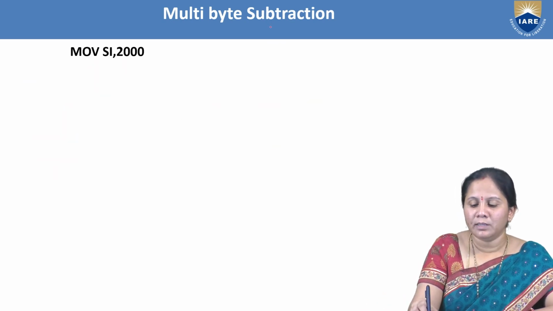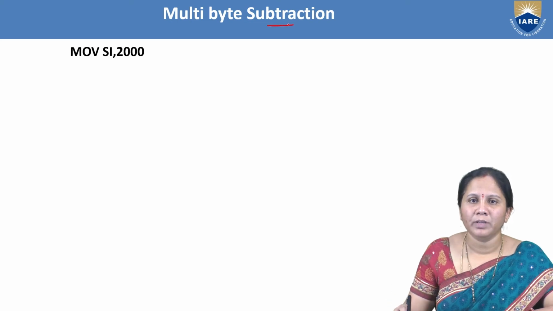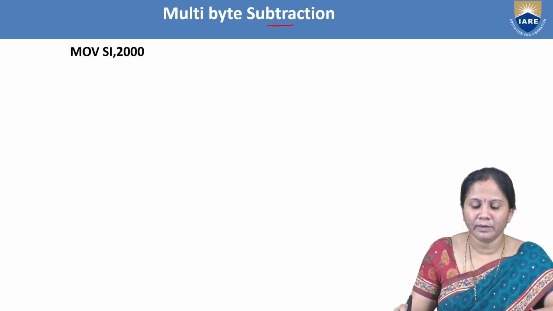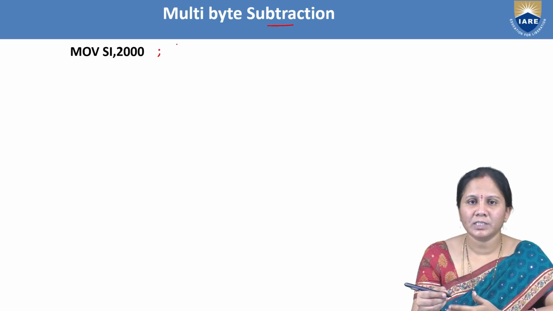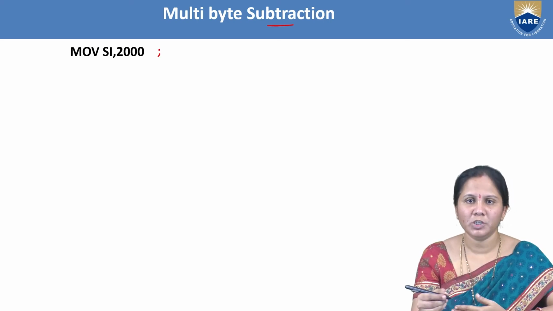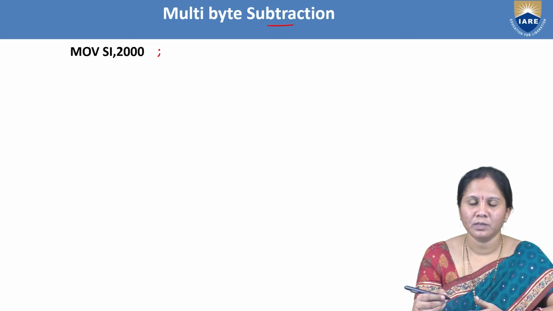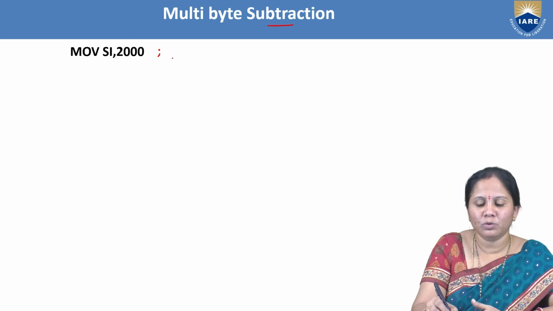Now we will see the multi-byte subtraction assembly language program here. So what is the first step? We have to initialize the memory locations for 3 variables, that is for 2 inputs and to store the output. So to store the input, MOV SI, 2000.